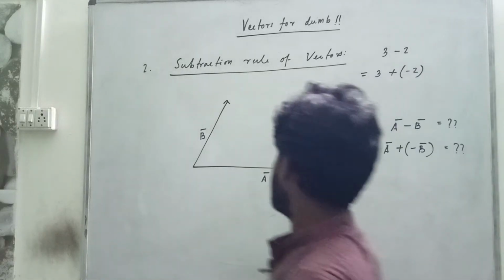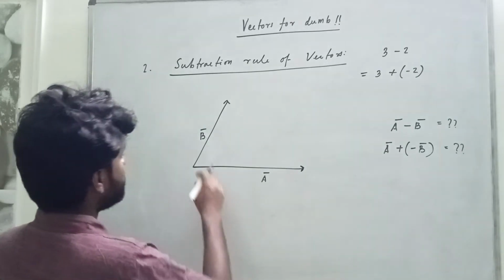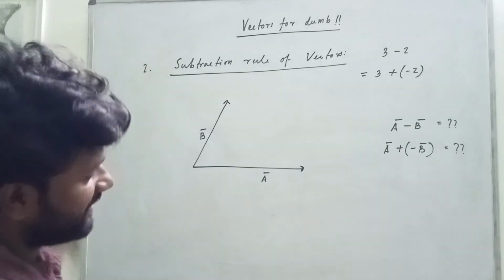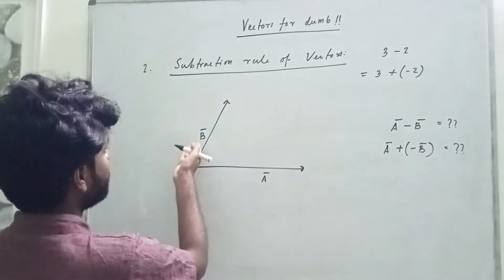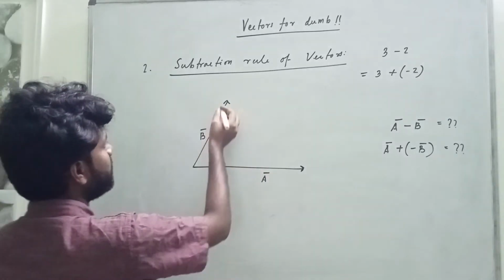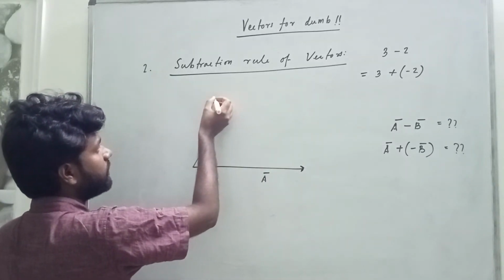First of all, if it is B, then what will be minus B actually? The magnitude will be the same, but the direction should be opposite to B, right?